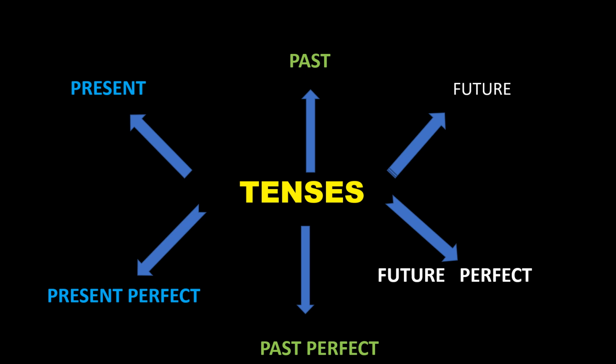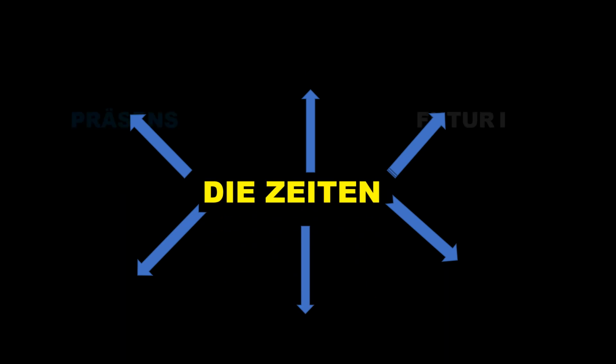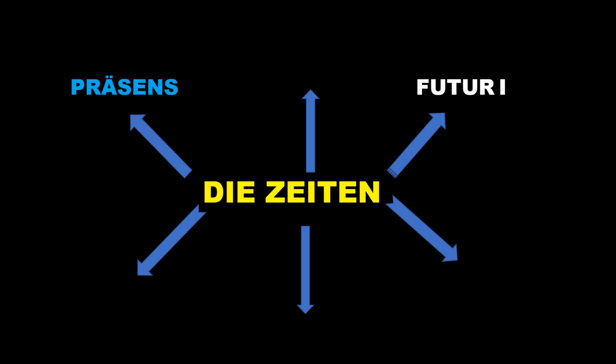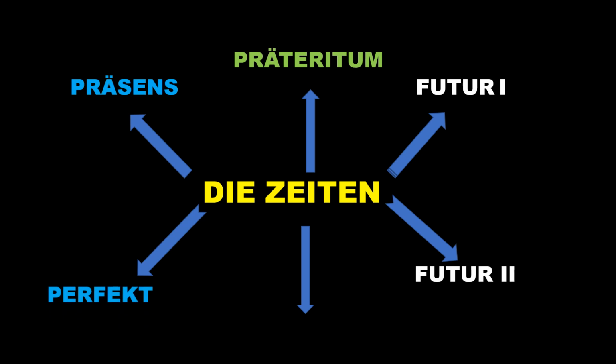So what do we call these tenses in German language? Again, we're using a chart. Die Zeiten. Präsens, that is present tense. Präteritum, that is past tense. Futur 1. Then comes Perfekt, which is present perfect. Plusquamperfekt, that is past perfect tense.